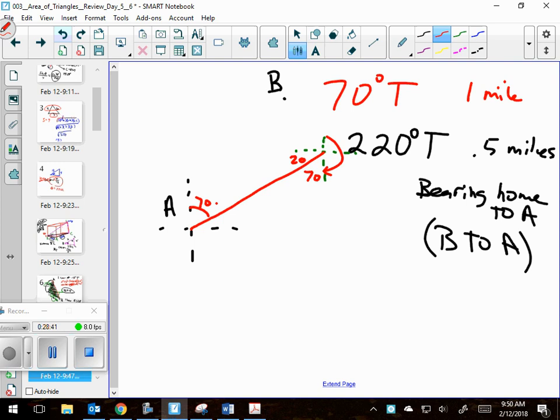Then, where is this 220? 180 plus 70 more would be 250, so that's too far. 180 plus 40 more, and it heads back that way. But half of a mile, so that's less. So I'm going to go like here. 1 mile, 0.5 of a mile.